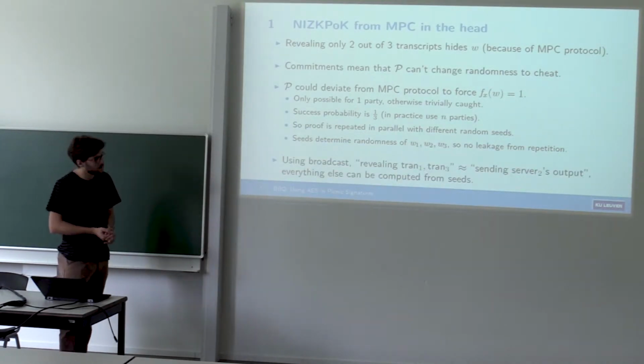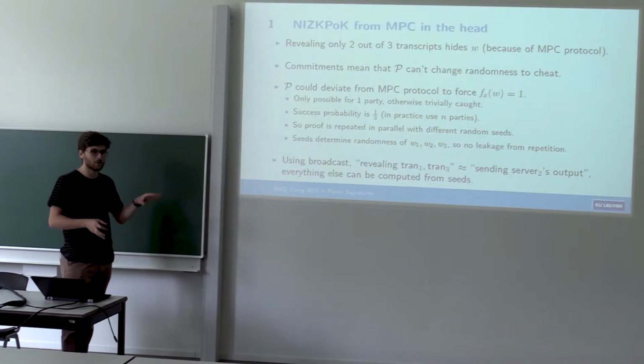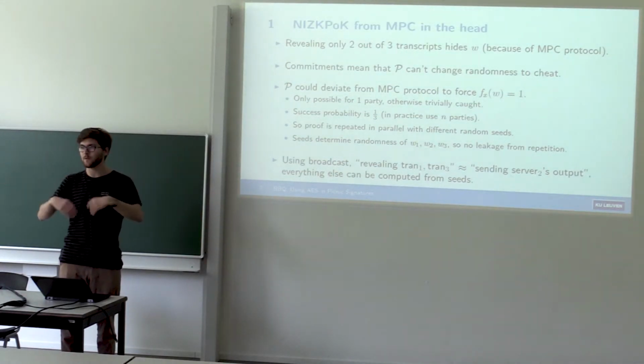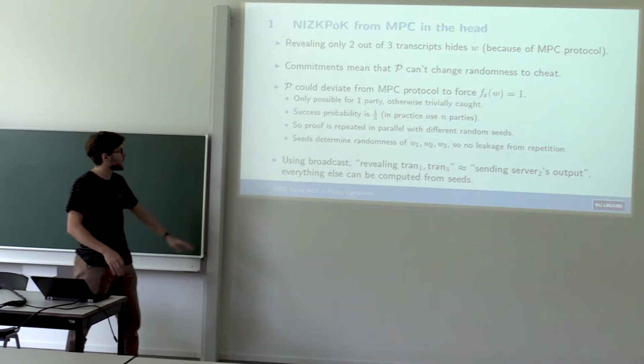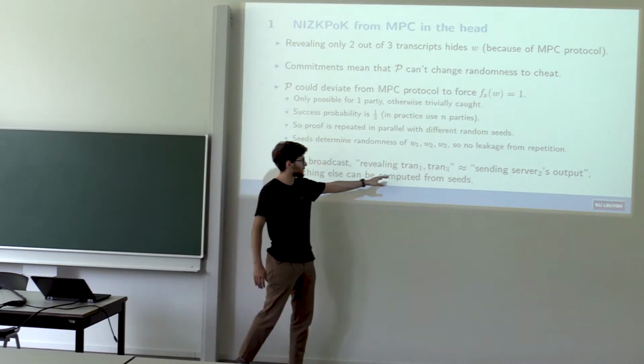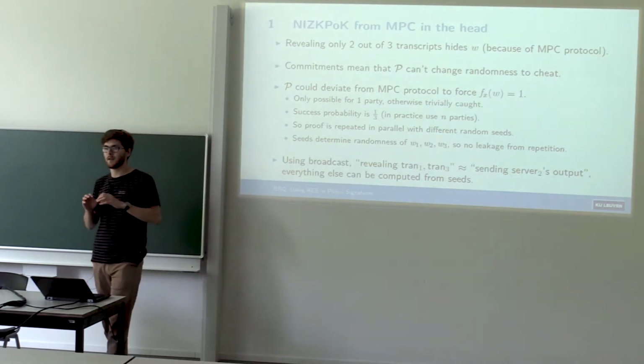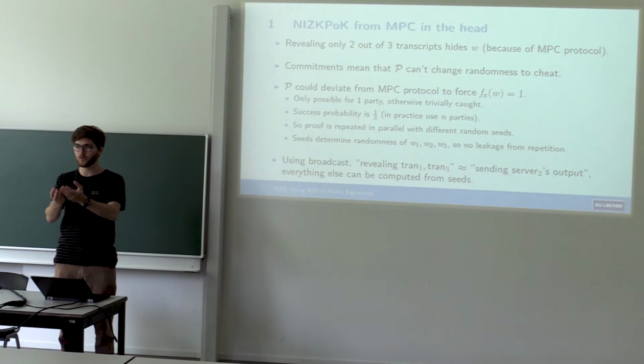And also, there's a little trick that if you use broadcast, which means that, for example, server 2 doesn't send different messages to 1 and 3, he just sends the same message to everyone every time. Instead of revealing all of the messages from server 1 and server 2 and server 3, we can just include the messages that server 2 sends.